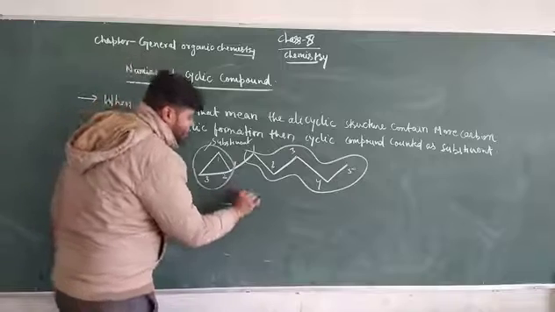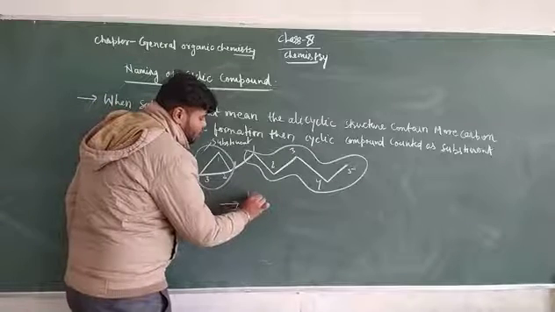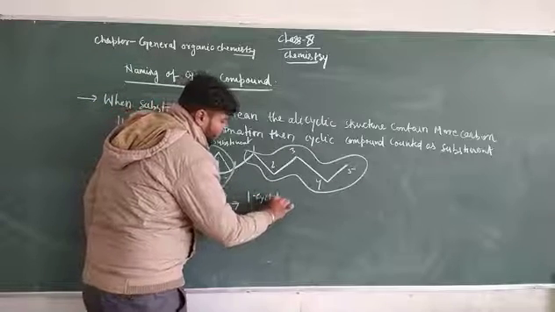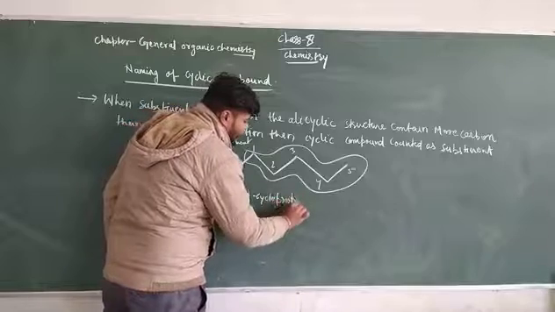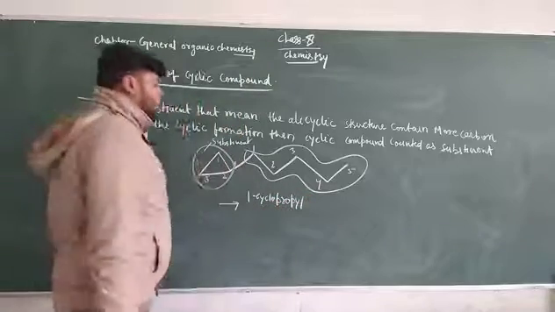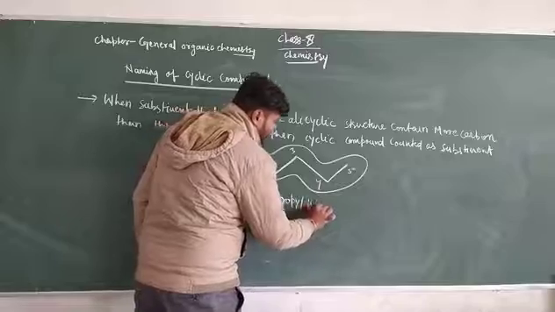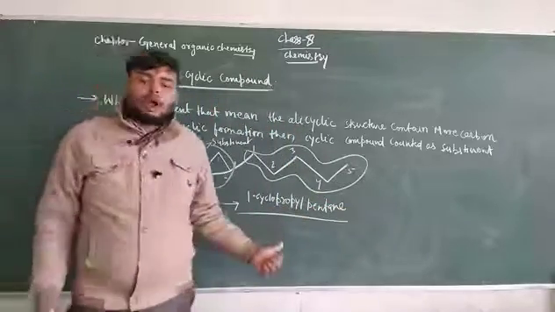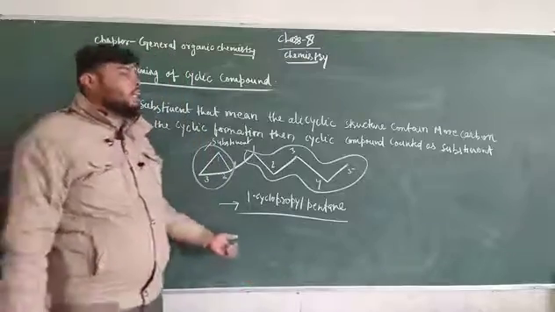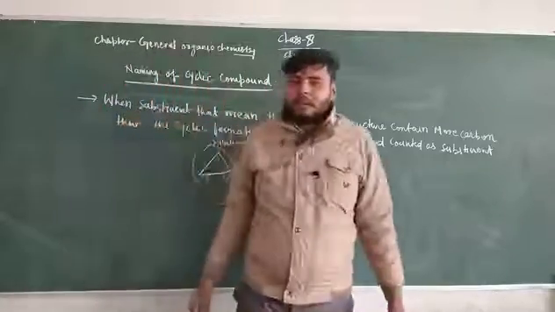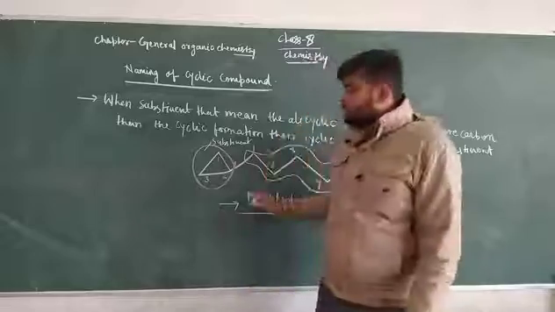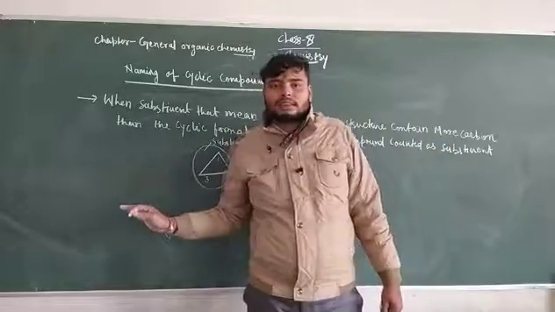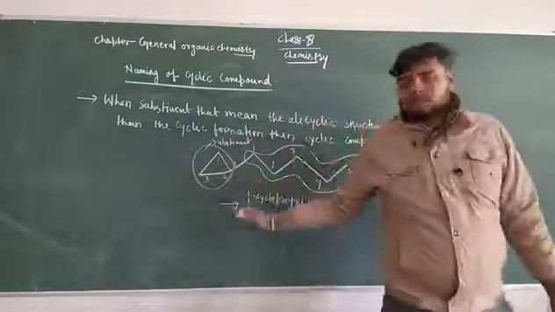So you have to write 1-cyclopropylpentane. These are all the rules you have to follow for naming cyclic compounds in terms of IUPAC names. So just take a screenshot of this and revise the data for this formation.